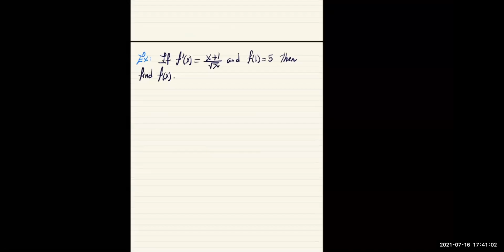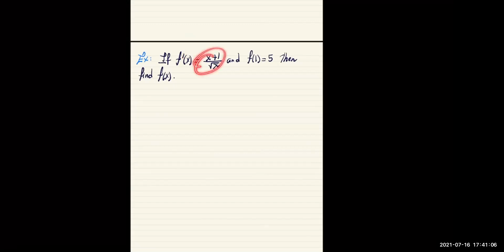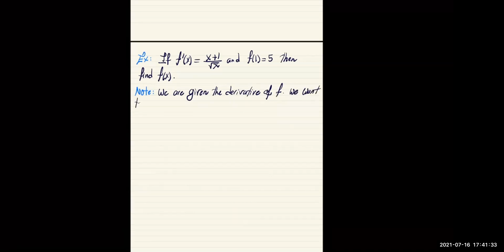So what are we given? We are given the derivative of a function. We want to find the function. We're given the derivative of f. We want to find f.